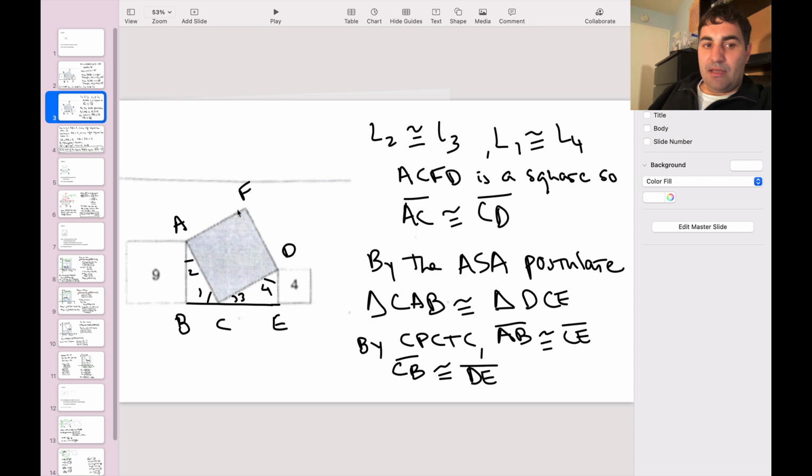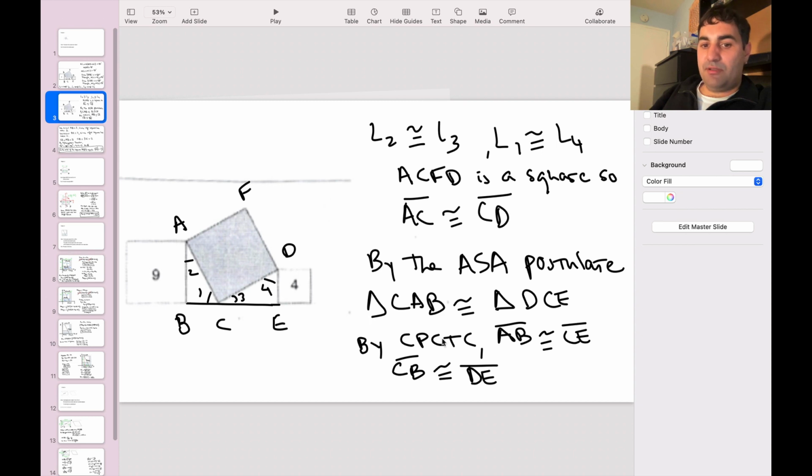We know that this middle thing is a square, so its sides are all congruent. So side AC is congruent to side CD. So we can use the angle side angle postulate to get triangle CAB is congruent to triangle DCE.